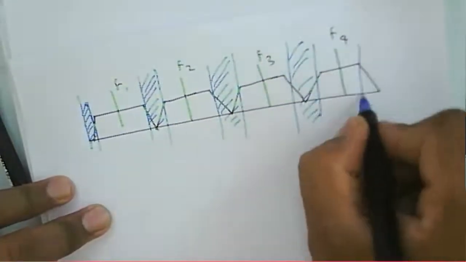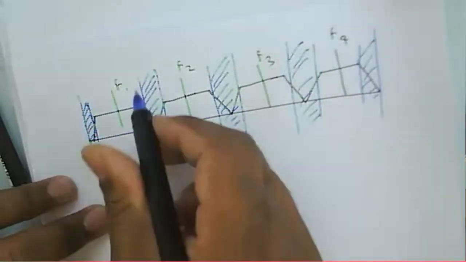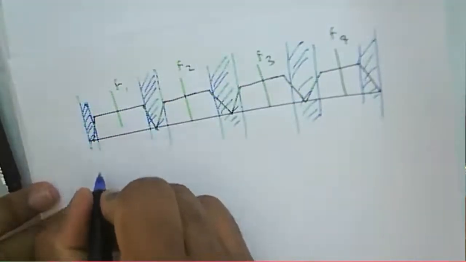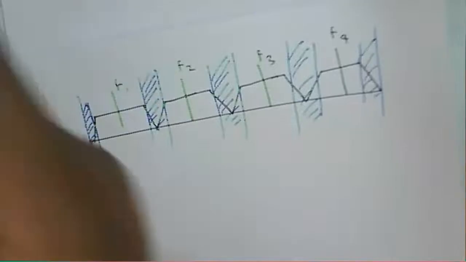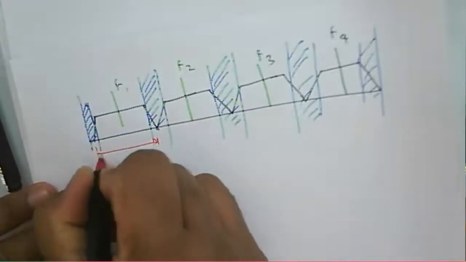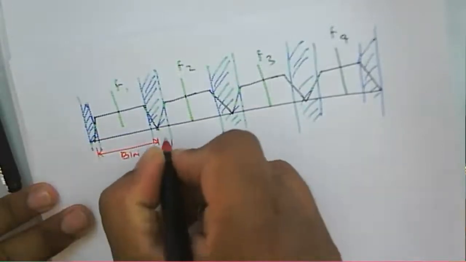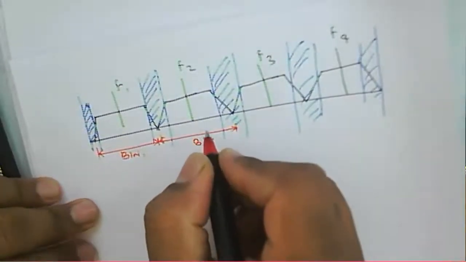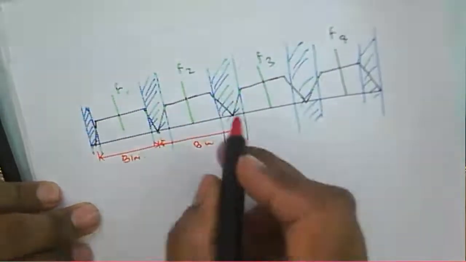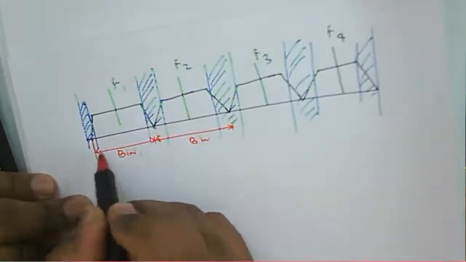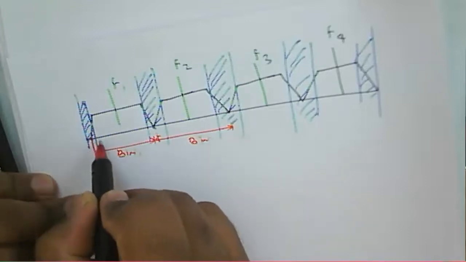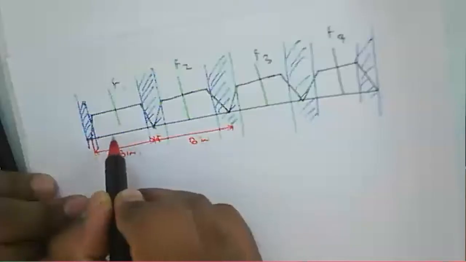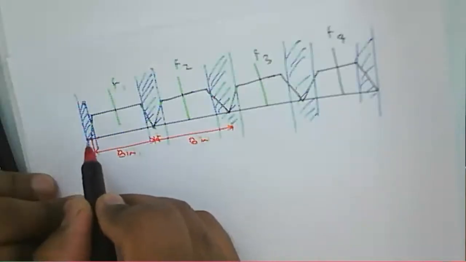Now if you consider F1, F2, F3, for the specific channel, this is the operating bandwidth. We say this is the bandwidth, but the usable bandwidth is different; the usable bandwidth is smaller.